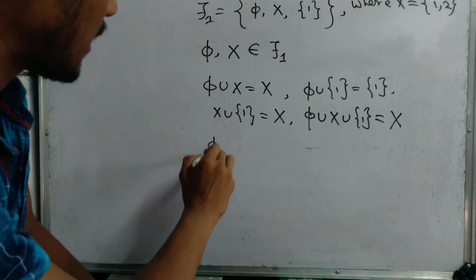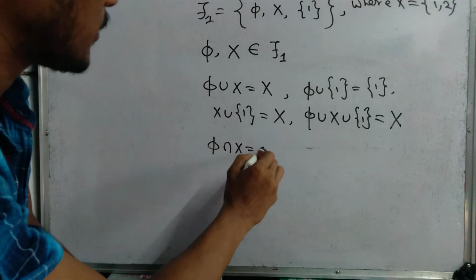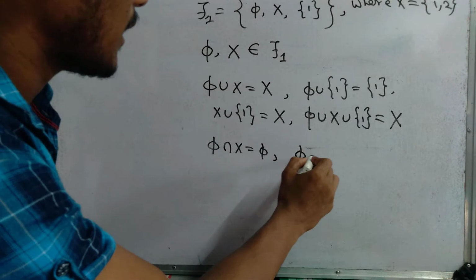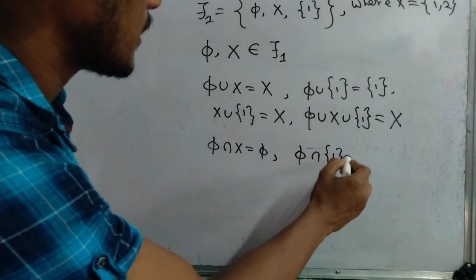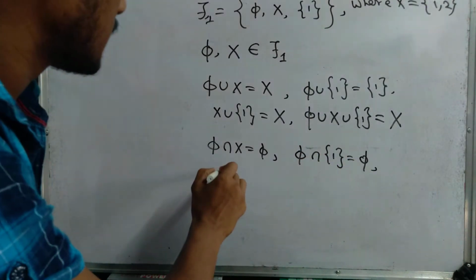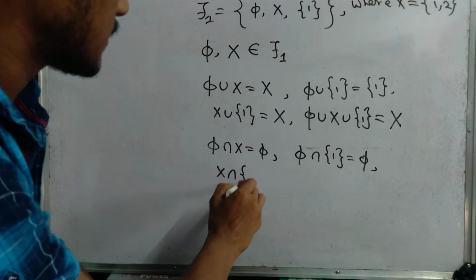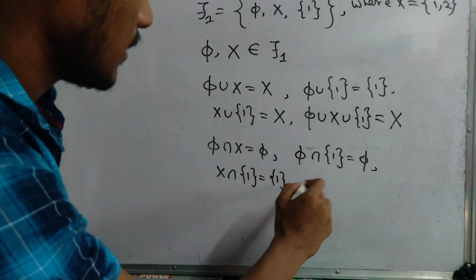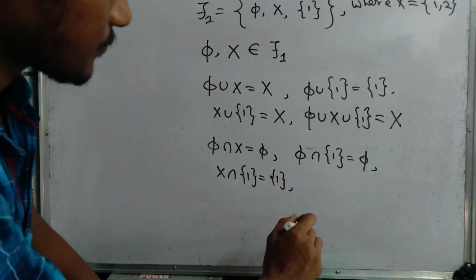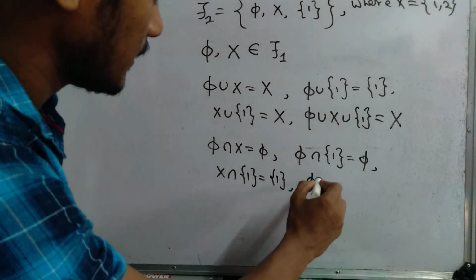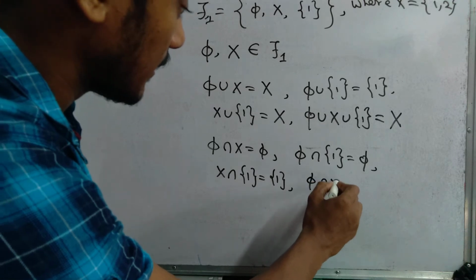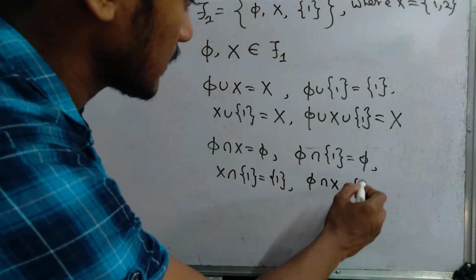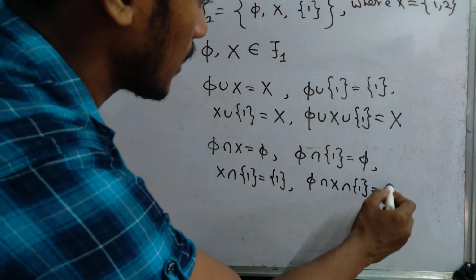Next, phi intersection X equals phi, phi intersection singleton 1 equals phi, X intersection singleton 1 equals singleton 1, and phi intersection X intersection singleton 1 equals phi.